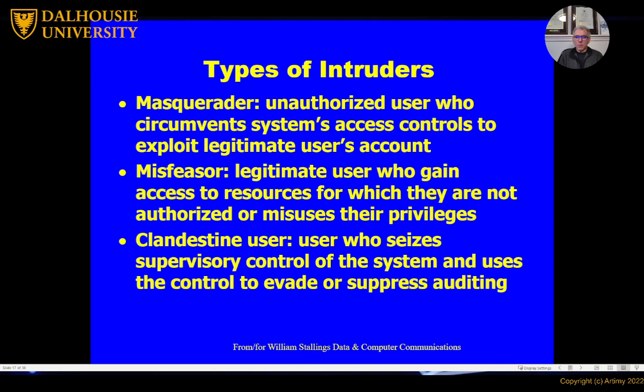Clandestine user is the one who seizes supervisory control of a system and uses it to control or evade or suppress auditing. So let's say a user changes the behavior of the system, but then they want to hide their tracks. As we saw, one of the goals of information security is accountability. So we can trace what everybody does, so we can spot who's to blame for any misuse.